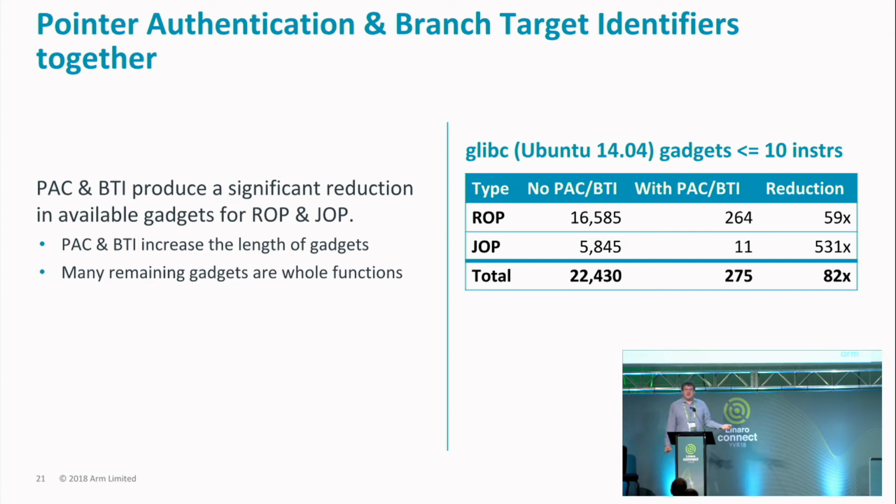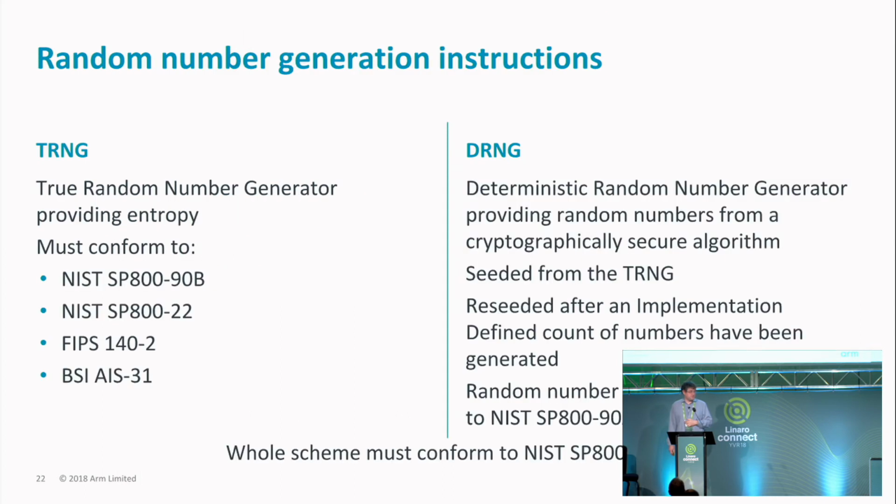You won't get any added security, but the code will run and act as it should. Then once 8.5 machines and devices are available, that same code would start executing those security parts, and you'll get the protections from pointer authentication and branch target identifiers.